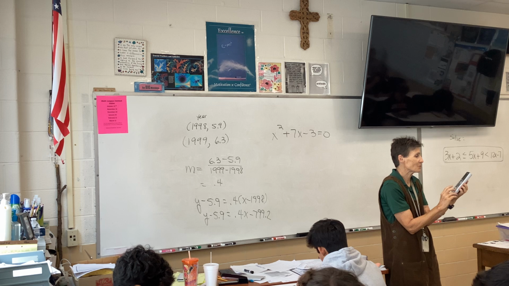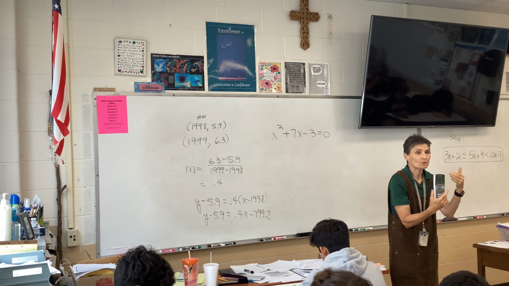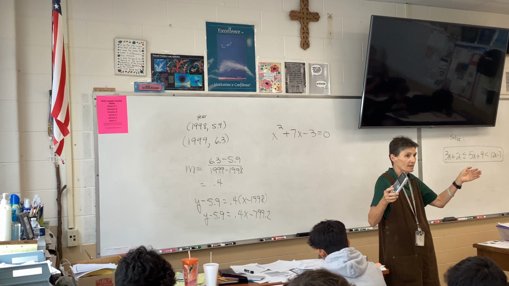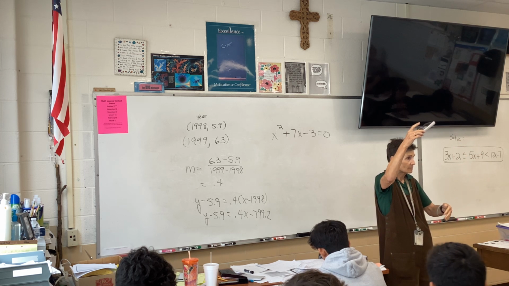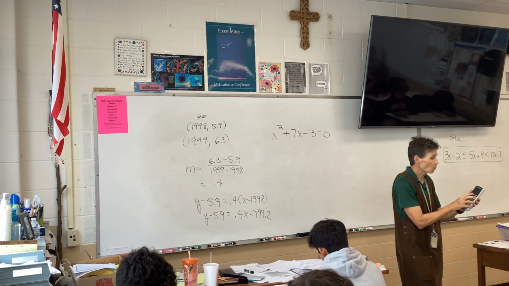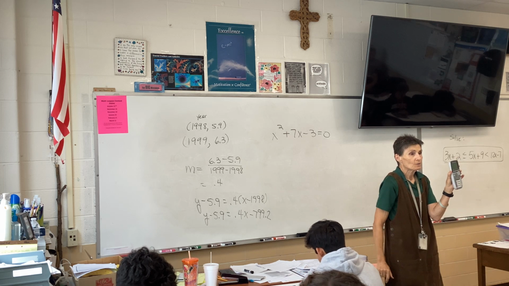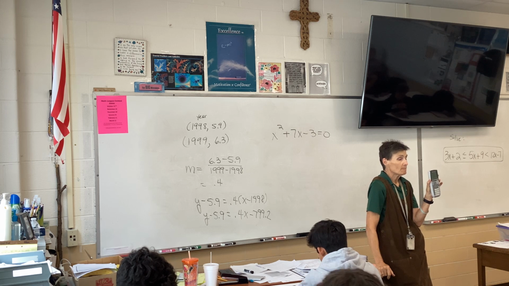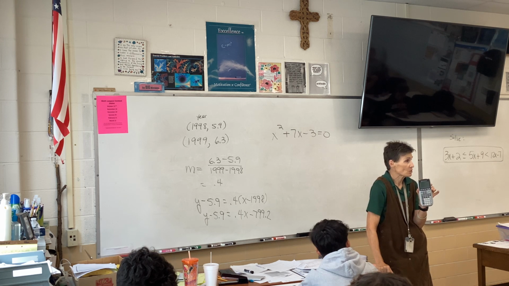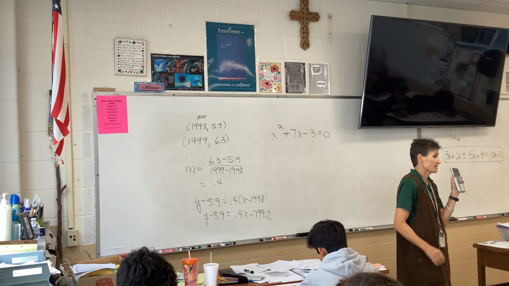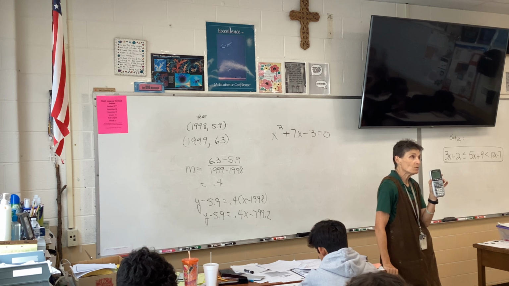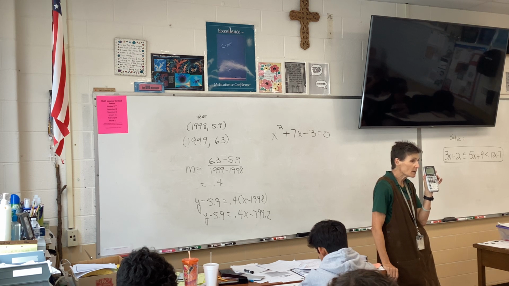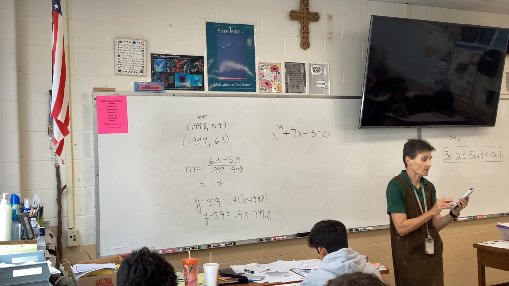That will give you a screen that's negative 10 to 10, negative 10 to 10. If you press Window, do you see the negative 10 to 10s now? You can manually adjust that if you wish, but I like to use Zoom 6 so they're all set. If you do not have a calculator today, you probably ought to be writing down these steps and really watching your friend so you can remember how to do this.